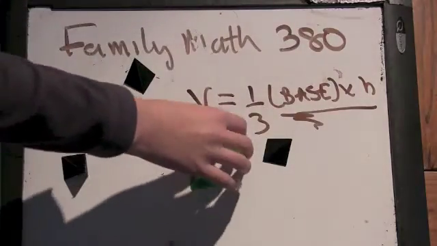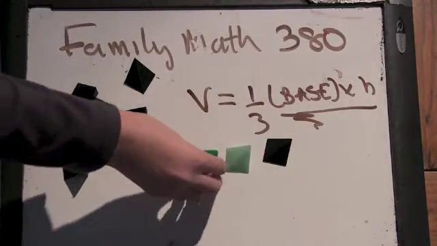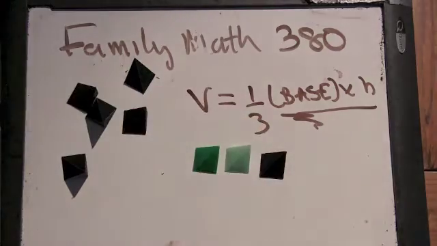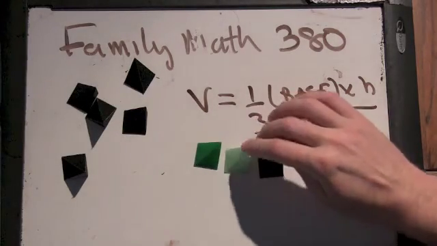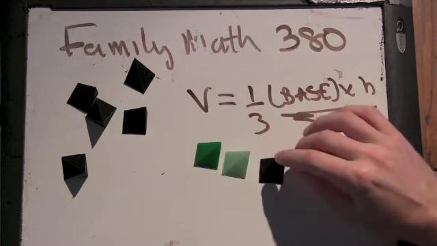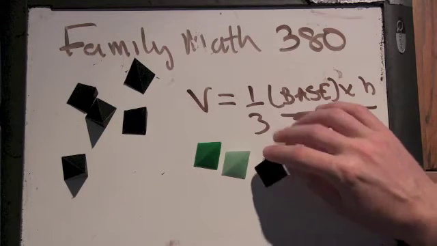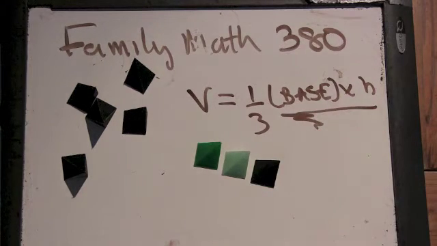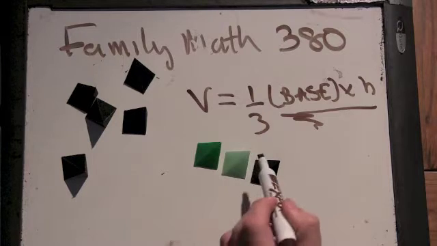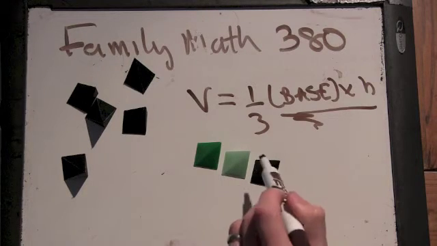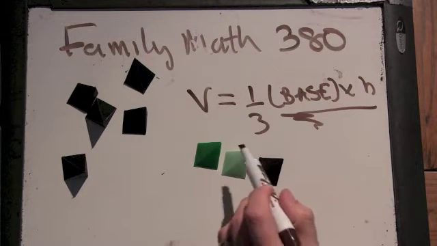Then you chop it into thirds, and you've got one of these pyramids. So because these little pyramids fold up into a cube in a clever way, and it takes 3 of them to make a cube, for these pyramids we get 1/3 the area of the base, which is a square, times the height, which also happens to correspond to the height of the cube when they fold up, gives us the volume.